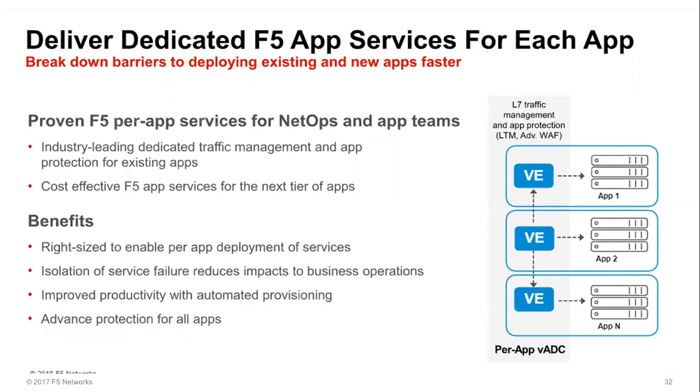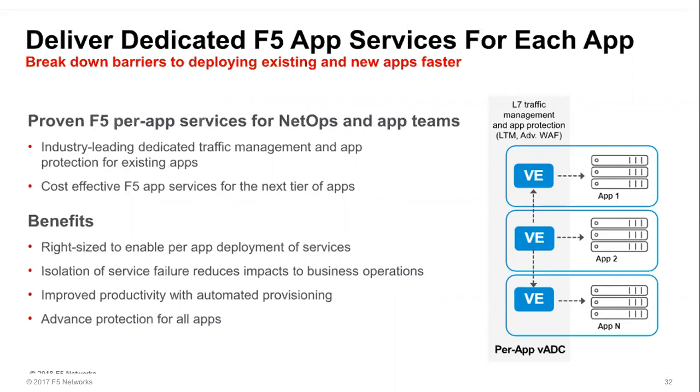So as the DevOps are developing the apps and all that, it also comes with securing such apps straight up without having to wait for licenses and all that, and it's cost-effective F5 app services for the next tier of apps. The benefits are right sizing to enable deployment of services, isolation of service failure, and reduced impact to business operations.